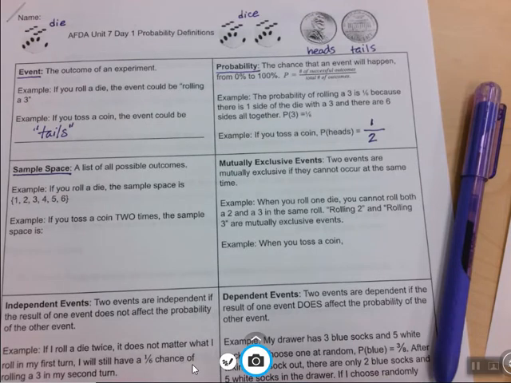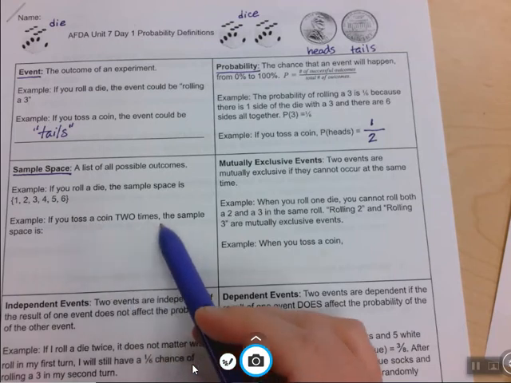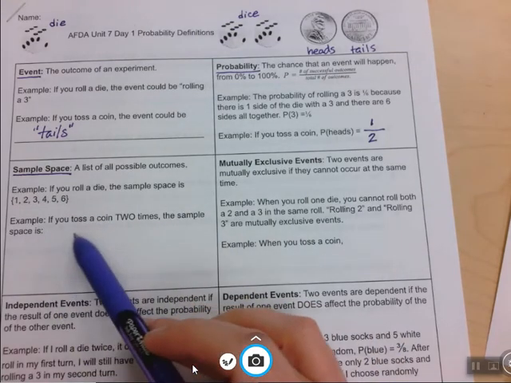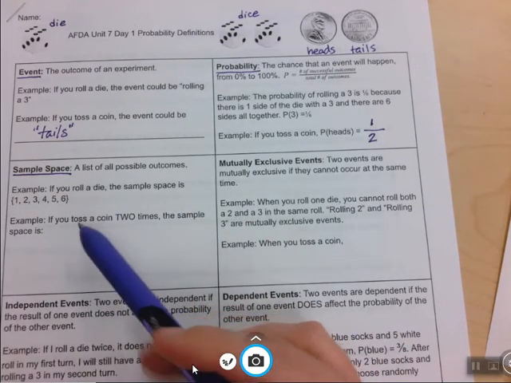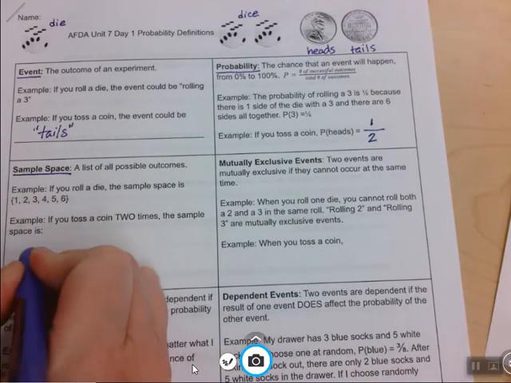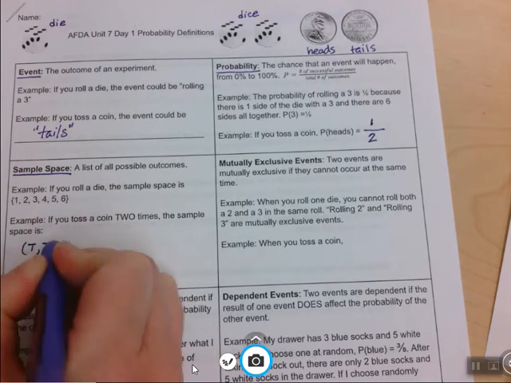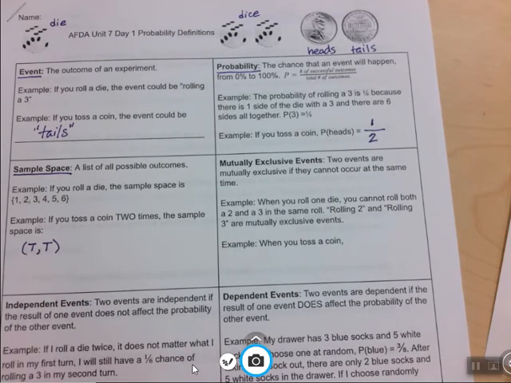So now you need to look at the next example. If you toss a coin 2 times, what would the sample space look like? So remember, you're going to have, for example, one of the events be that you get tails and then tails. And you need to now pause the video and write out the rest of the sample space.